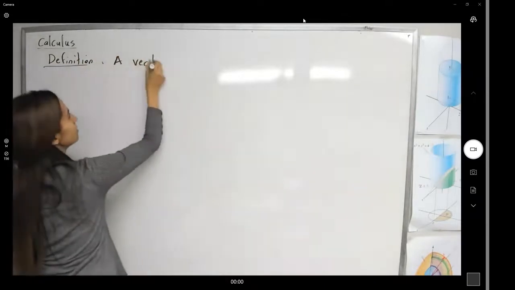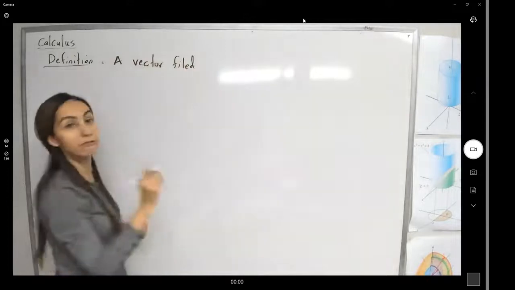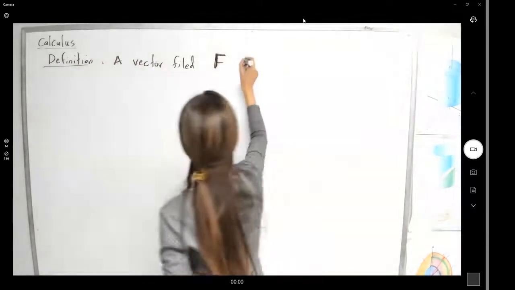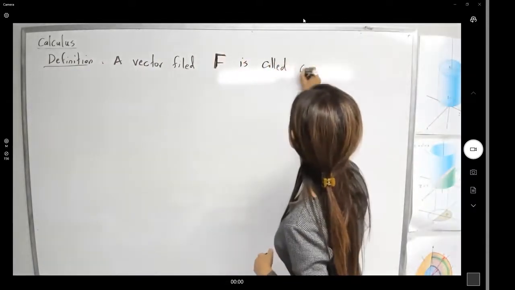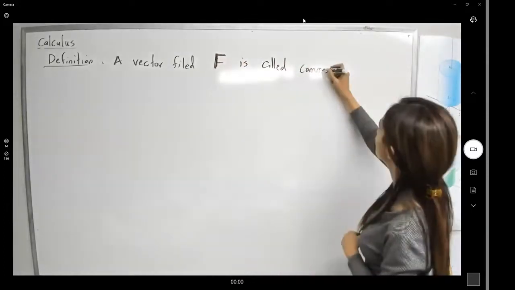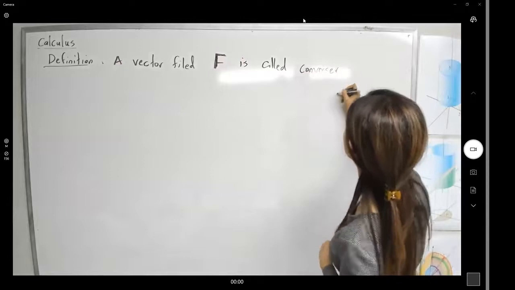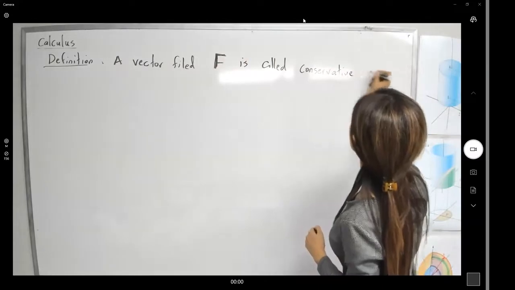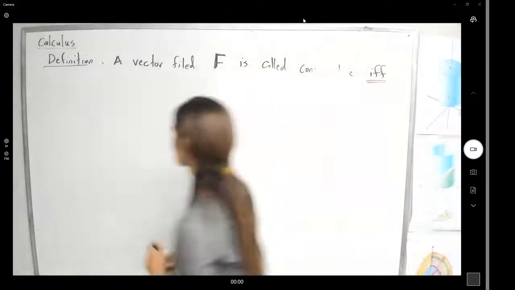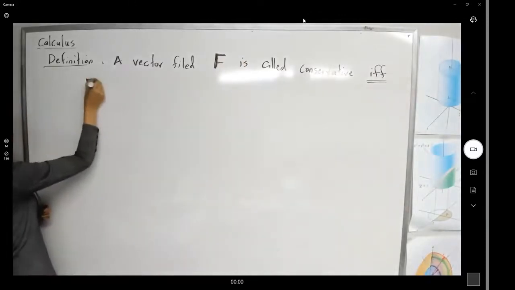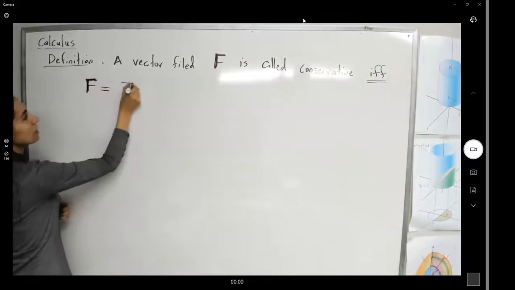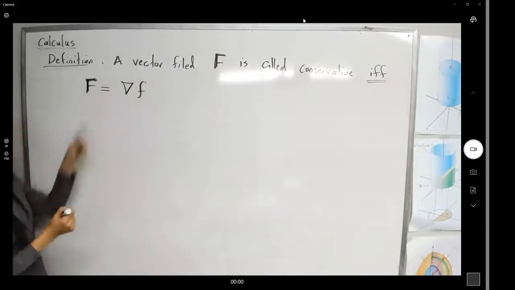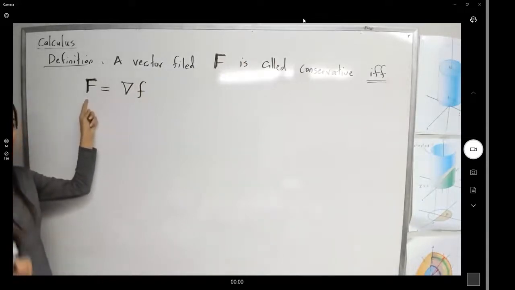A vector field, so we have a vector function like bolded capital F, is called conservative if and only if F is equal to the gradient of a scalar function. So this F is a vector function.